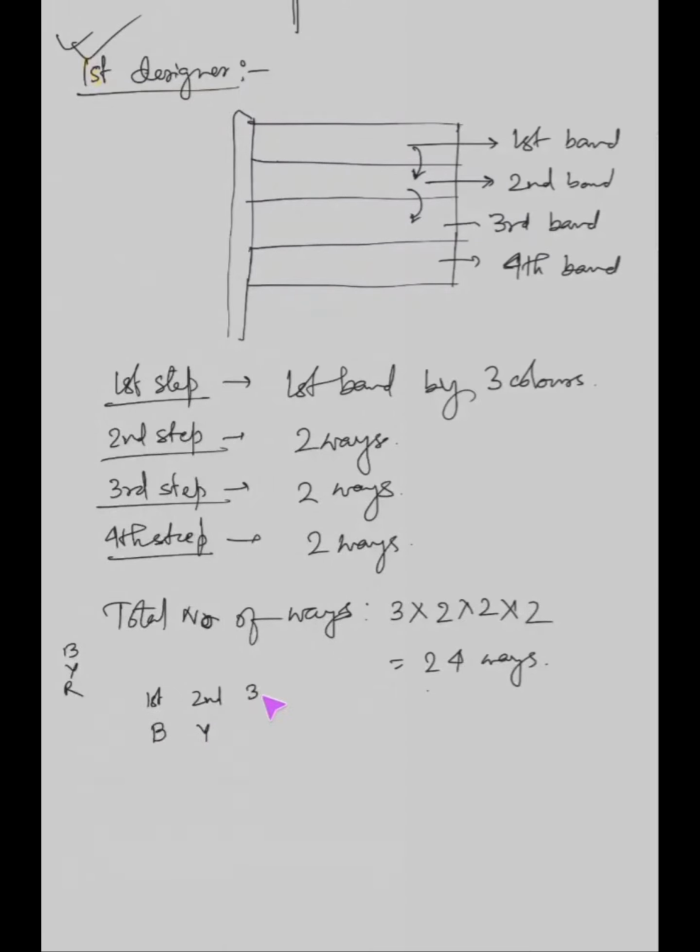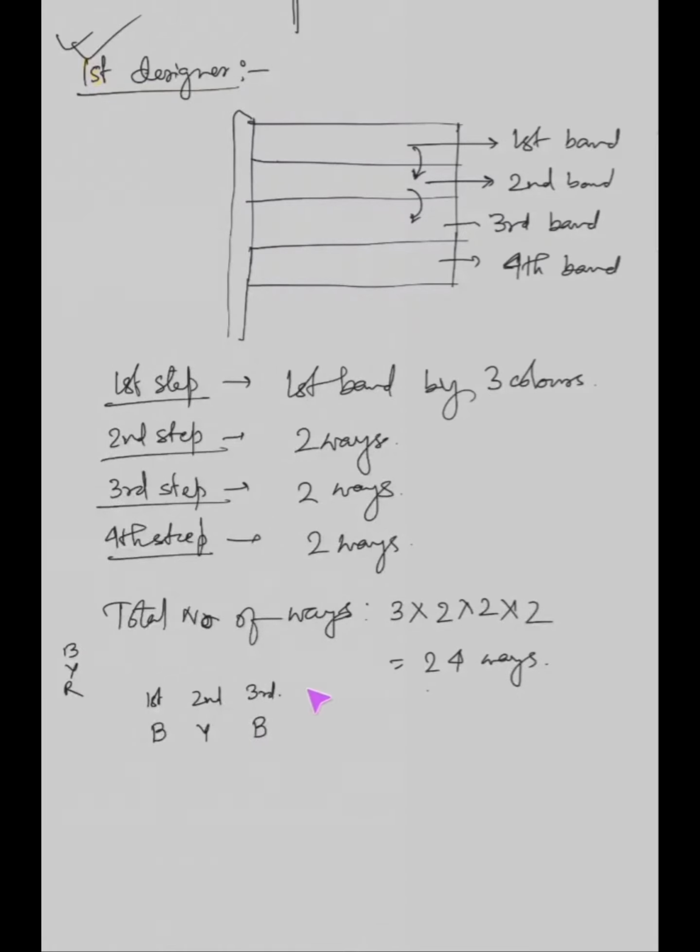In the third band, since y is chosen in the second band, he has two remaining, b and r, so he may choose blue here.